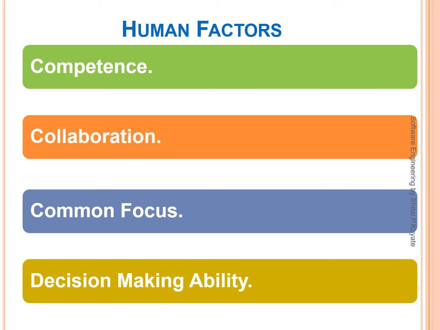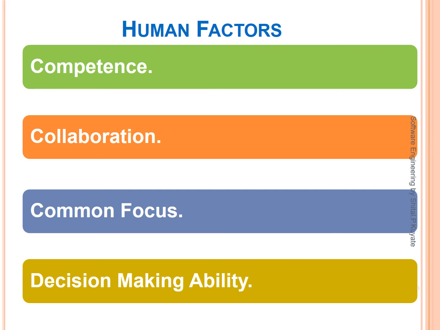The agile software project team must have the following characteristics for software development. The first one is competence. Competence in the agile development context encompasses natural talent and specific software related skills with overall technical knowledge.